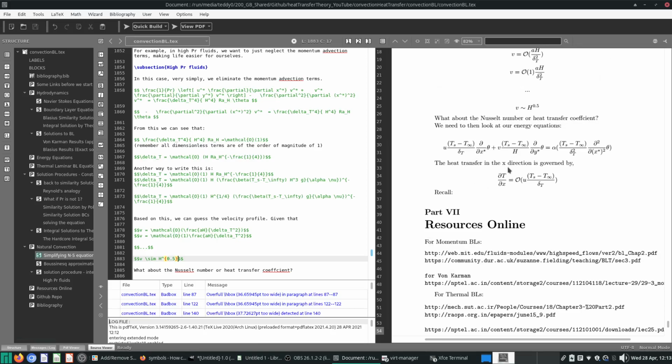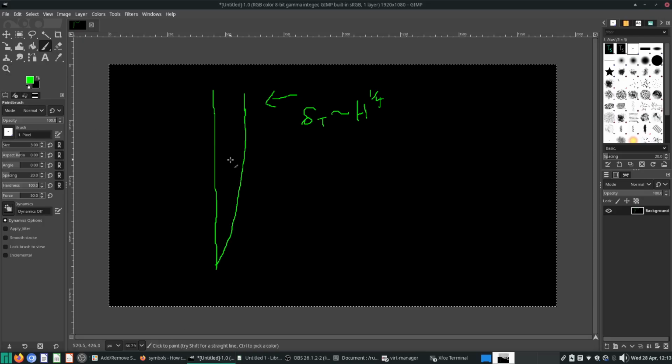I've not actually gone into the integral solution just yet, but the idea is this. We have our boundary layer equations already derived. The E is really out of shape. Boundary layer equations.